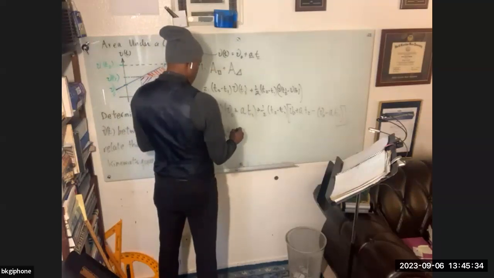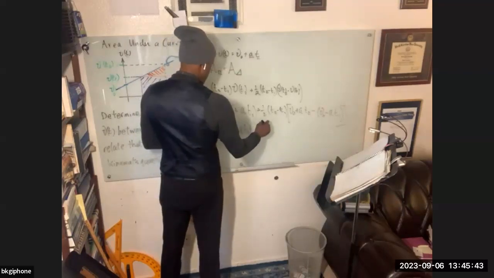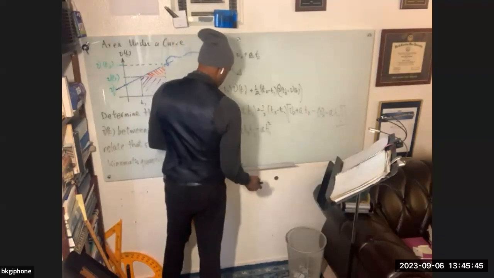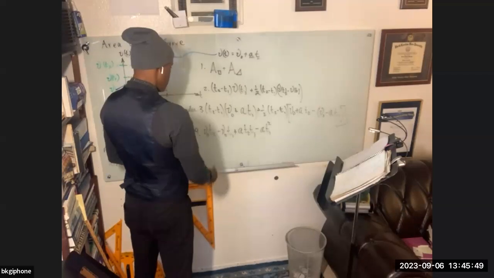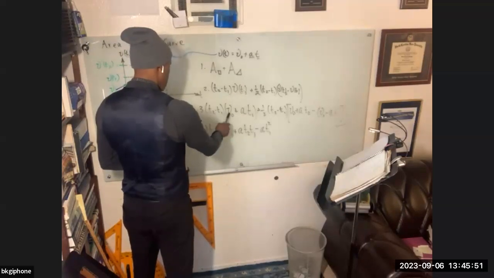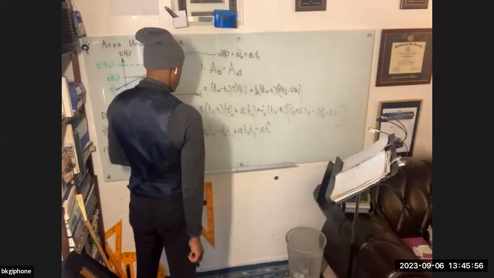It's going to be plus a times t2 t1 minus a times t1 squared. That times that. This guy, these two here, and this is here, yeah.